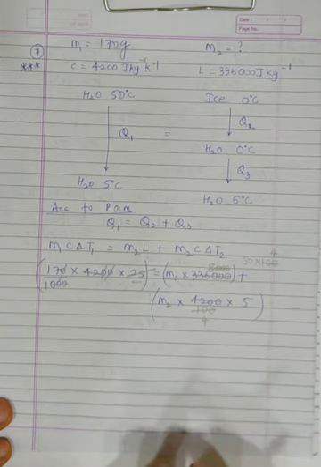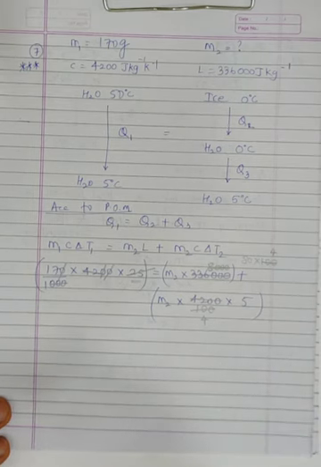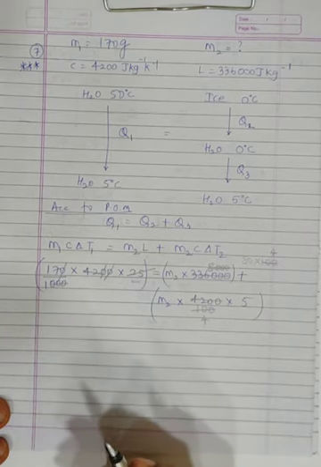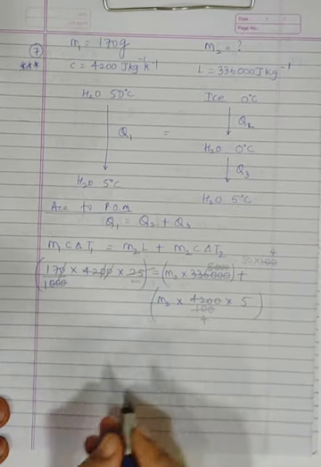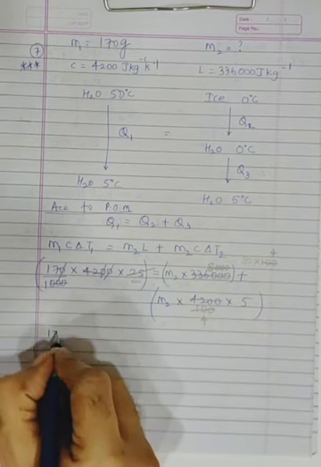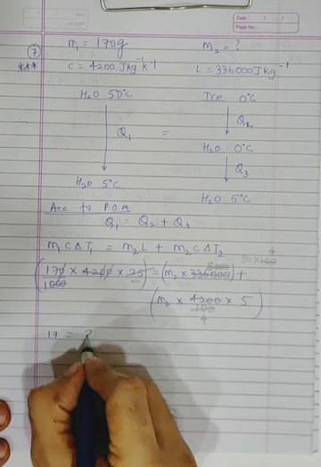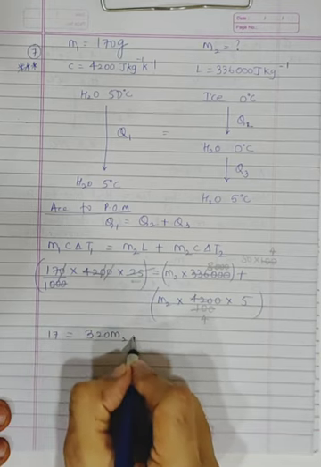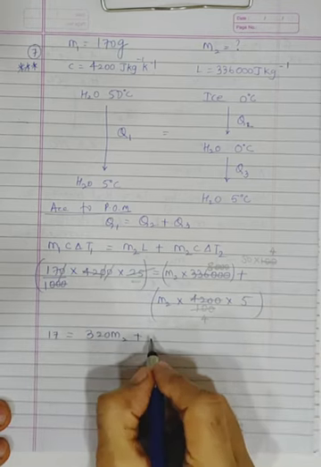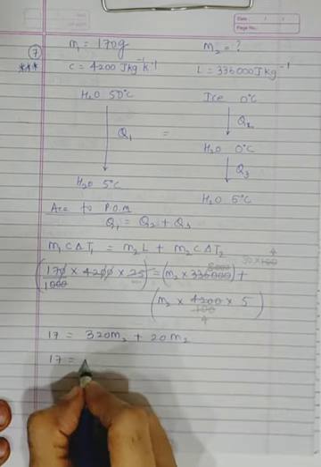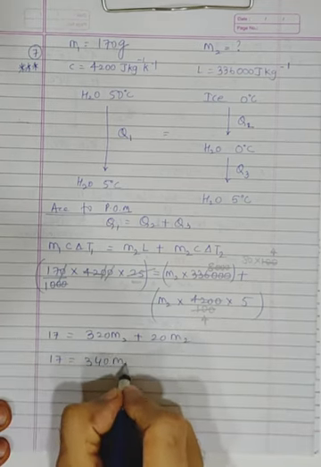Those who are finding this method difficult, do not worry. You can just do the normal traditional method, multiply everything, and you'll get a little longer calculation, but you'll get the correct answer. So now we've got 17 is equal to 80 into 4, 320 M2 plus 5 into 4, 20 M2. So 17 is equal to 340 M2.